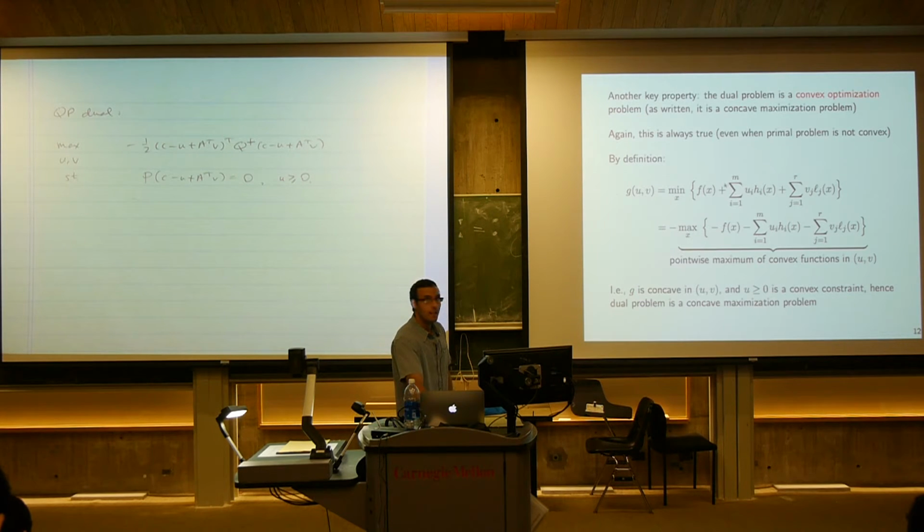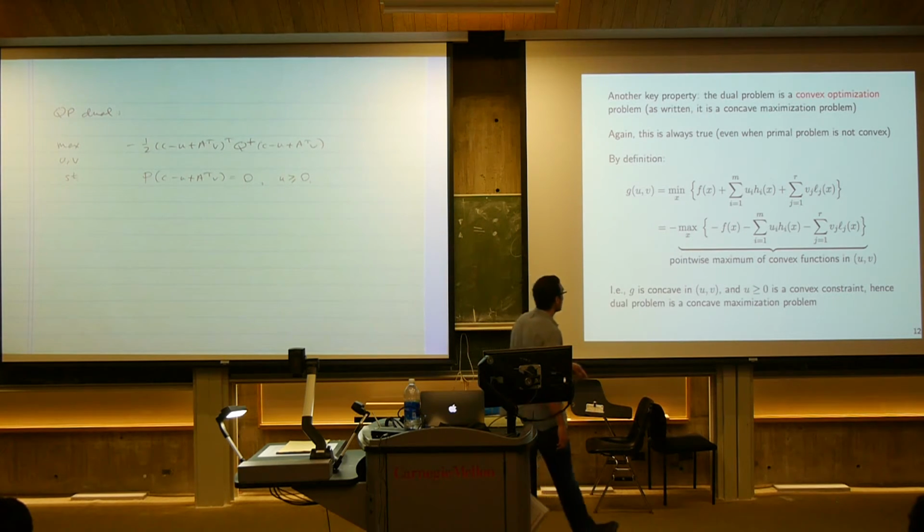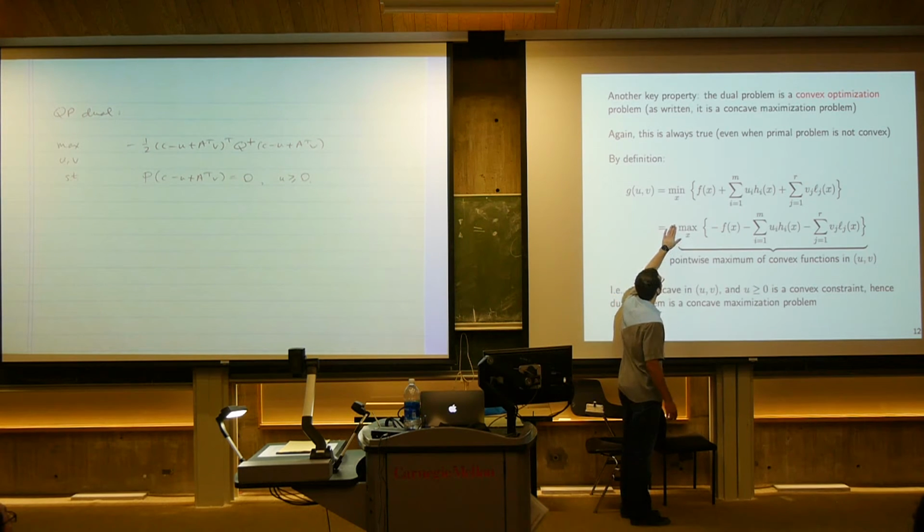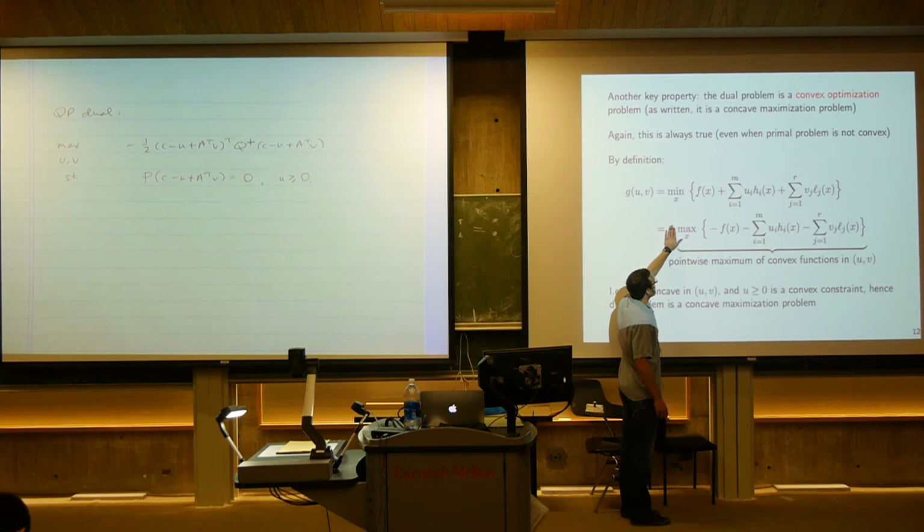Let's rewrite that by putting a minus sign inside the minimization, changing the minimization to a maximization, and then putting a minus sign on the outside. It's just helpful to look at it that way. Forget this outer minus sign. We're maximizing over all x some functions, and we want to think about them as functions of u and v.